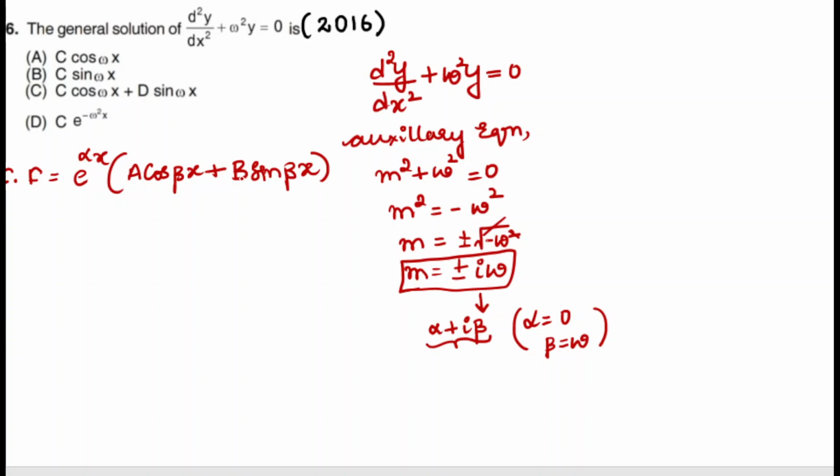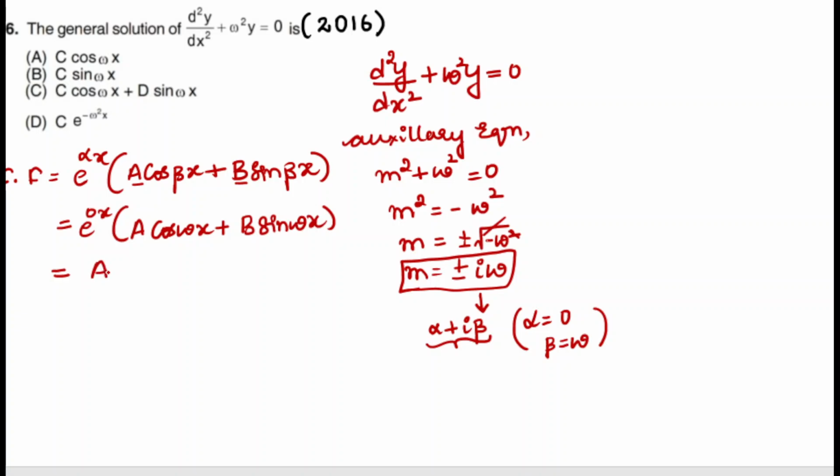Now instead of alpha we have 0, so e to the power of 0 into x. A and b are the constants here. I'm going to keep a cos of beta x as it is. Instead of beta we have omega, so cos of omega x plus b sine of omega x. So e to the power of 0 is obviously 1.